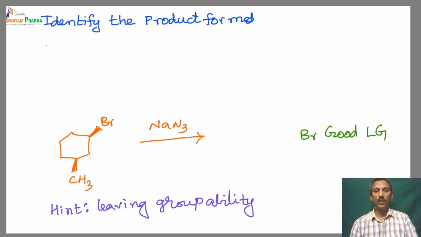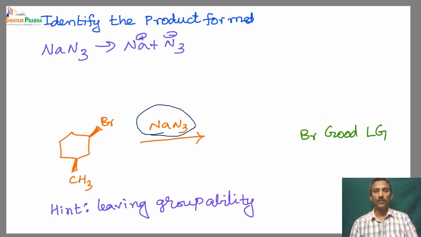So let us look at the next reaction, sodium azide with this particular bromide. We know bromide is a good leaving group, and let us see how the reaction proceeds here. The sodium azide gets converted into Na+ and N3 minus.